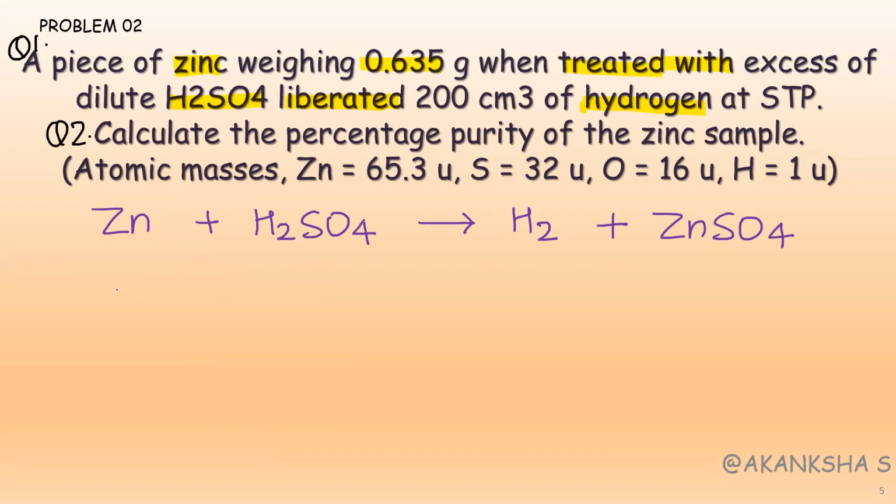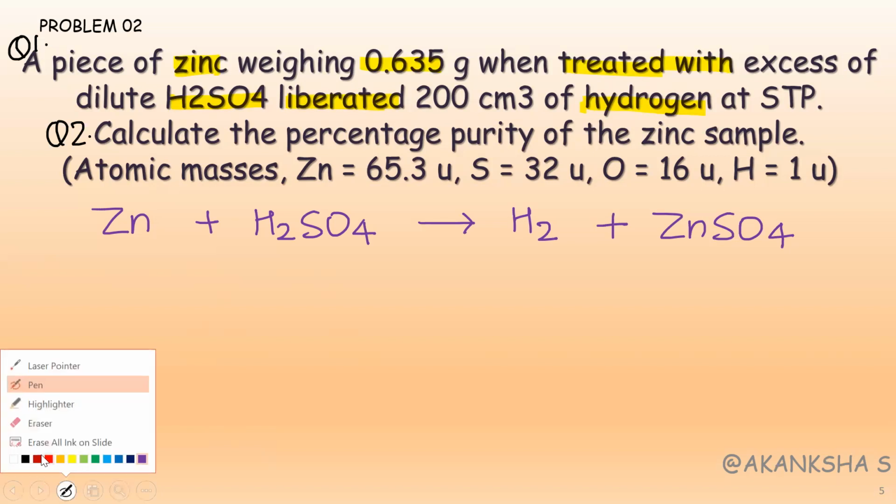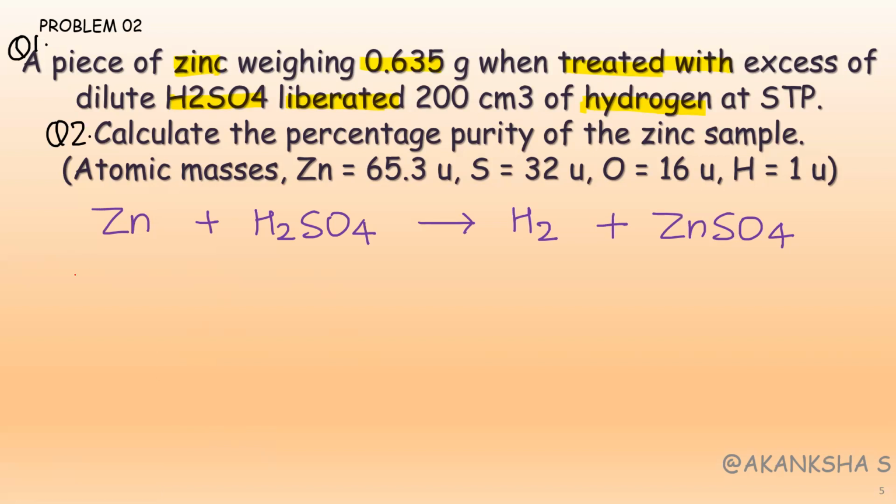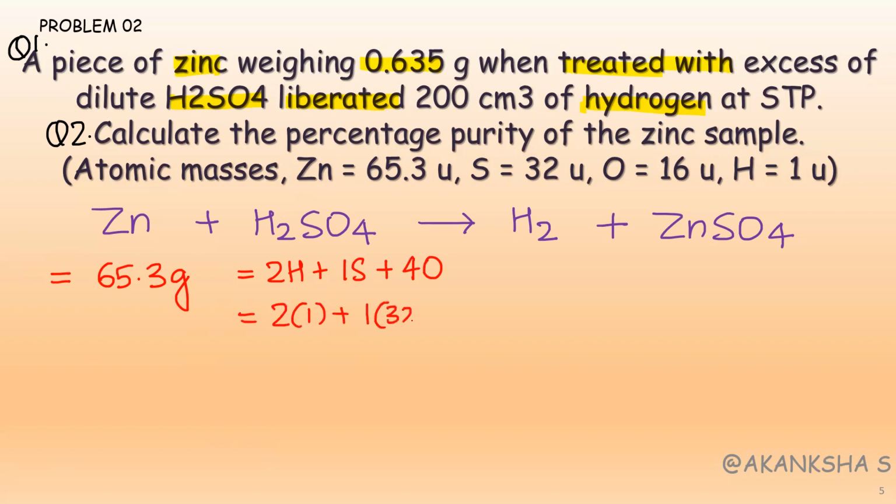Now, first try to understand step number 2. Step number 2 is finding the molecular weight. They have given the molecular weight of zinc as 65.3 grams. H2SO4: 2 times hydrogen plus 1 times sulfur plus 4 times oxygen, giving you 2 ones plus 1 times 32 plus 4 times 16.